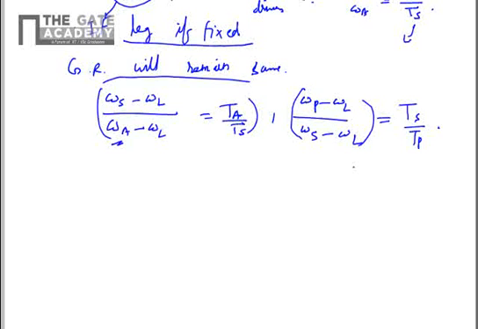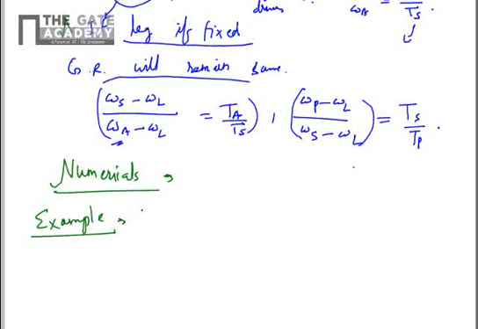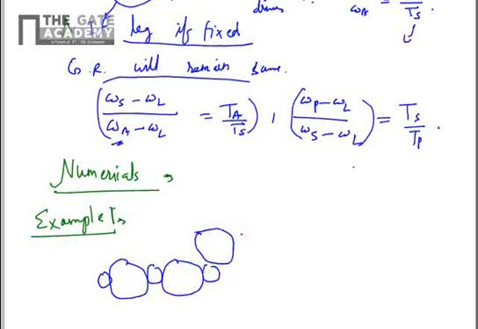So now we will consider some numericals related to this subject. The first numerical is on a simple gear train. The simple gear train is given in this form. There are a lot of gears. This is meshing with this, then this is meshing with this.